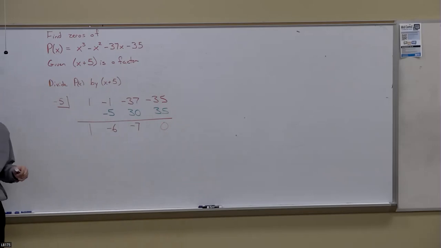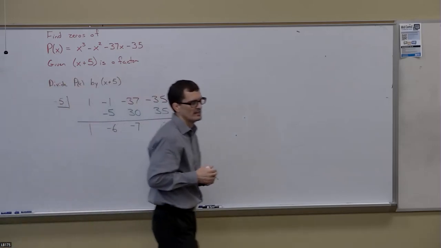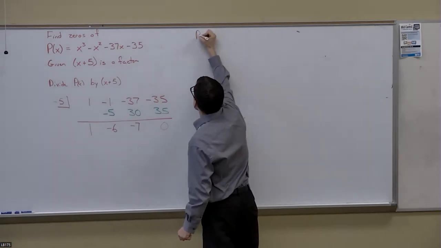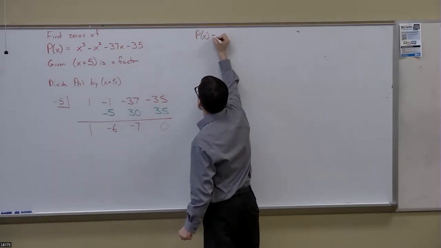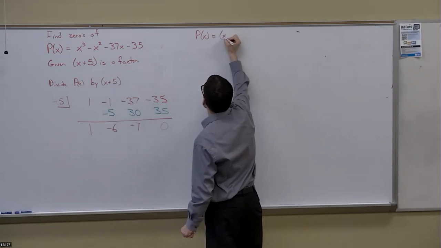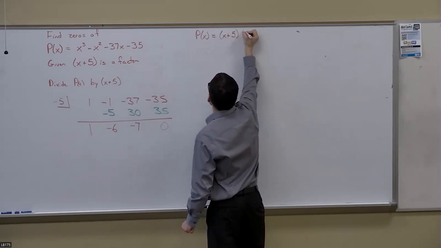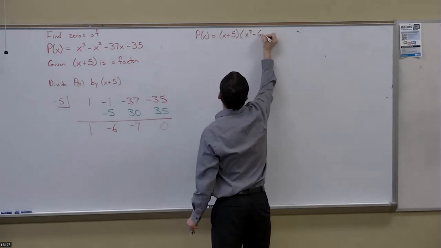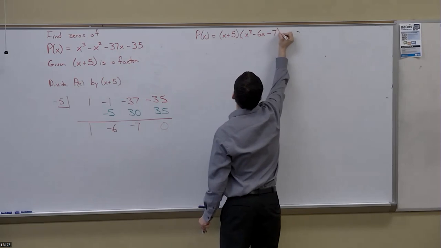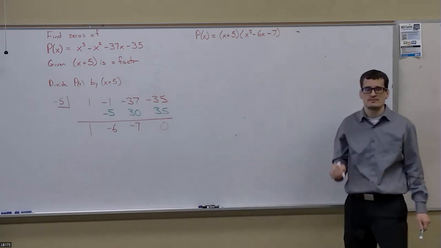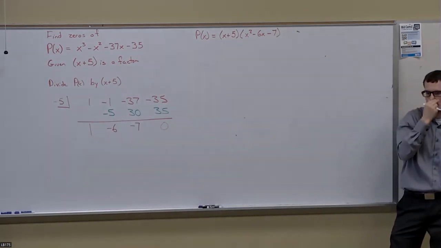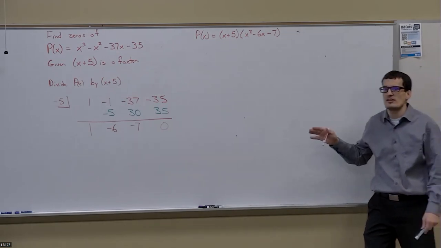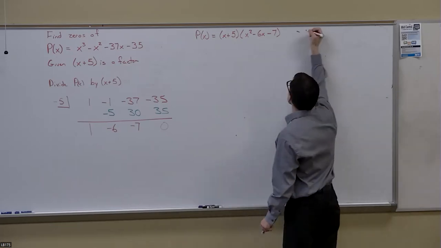Again, I tend not to write the division statement. What I tend to do is just say, well, this means that my polynomial can be factored into x plus 5 multiplied times x squared minus 6x minus 7. Now I have a linear piece and a quadratic piece.